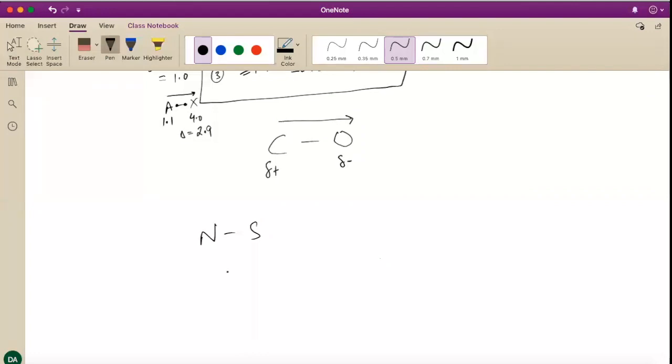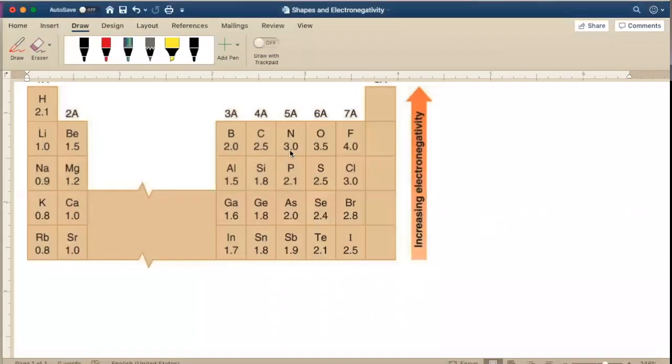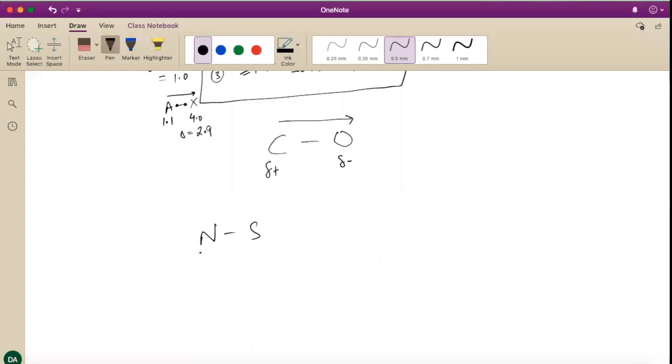So let's see. We have to look at the numbers. So nitrogen is 3 and sulfur is 2.5. So guys, you do not always make the arrow towards the one who's on the right hand side. You have to look at the numbers. Now guys, which way should we make the arrow? To the left, towards nitrogen, right?